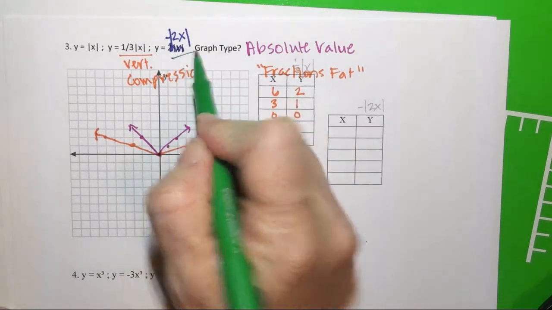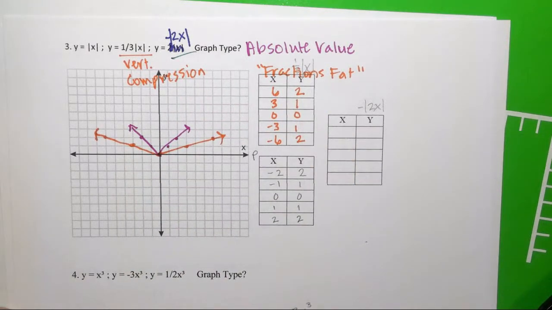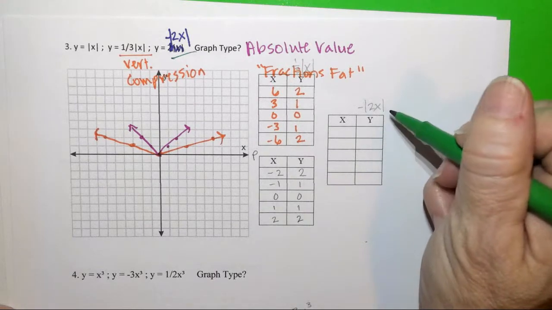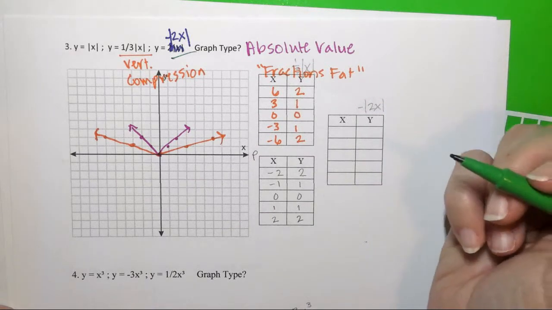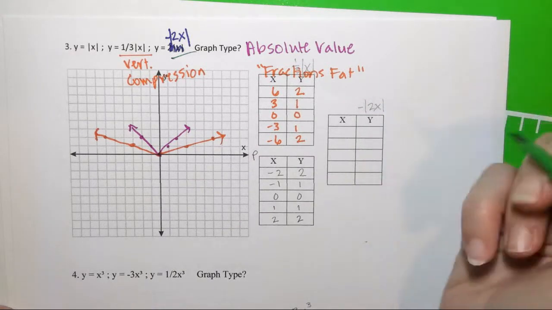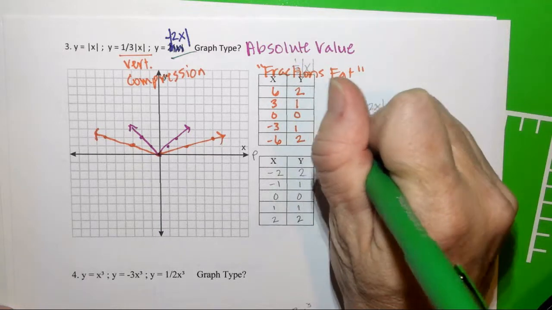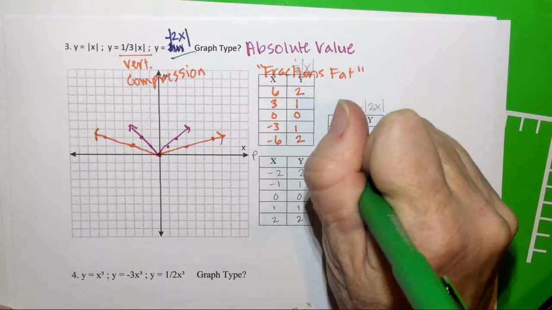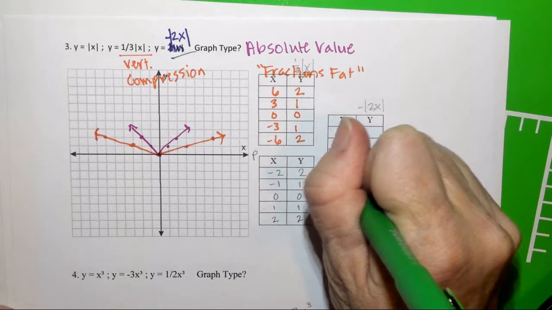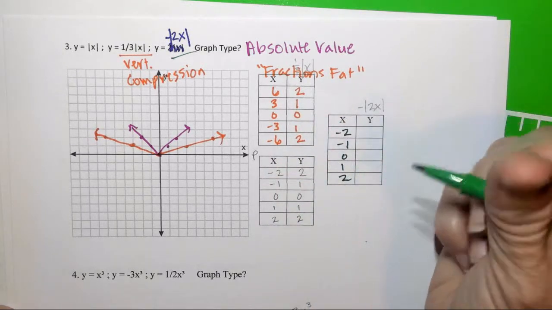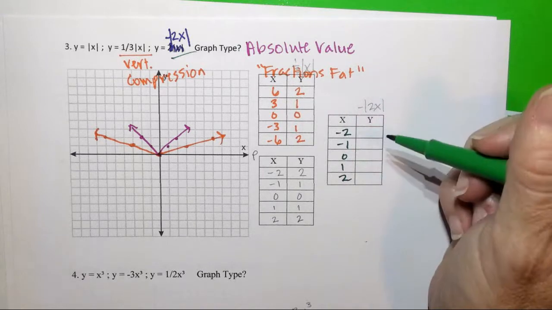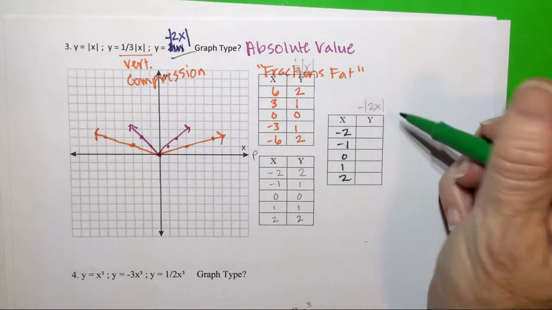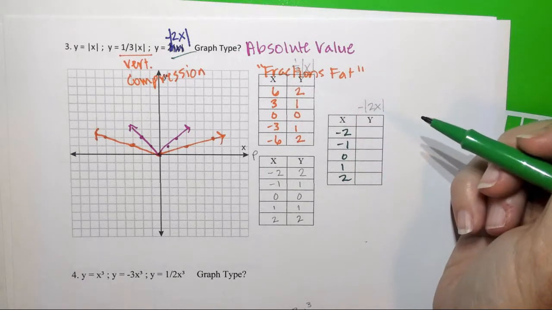And our third graph is the absolute value of 2x times -1. So we have negative absolute value of 2 times x. So let's go back to our regular parent function t-table. So the absolute value of -2 is 2. Multiply that times 2 and you get -4.